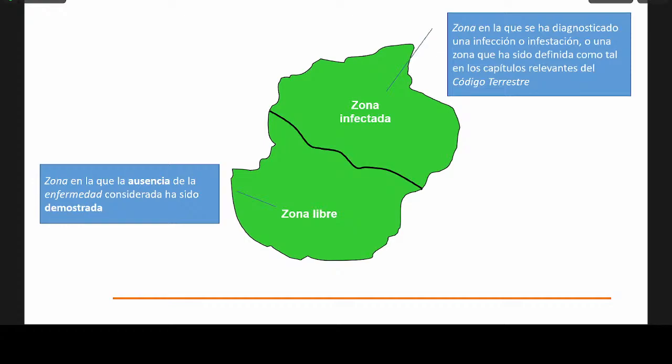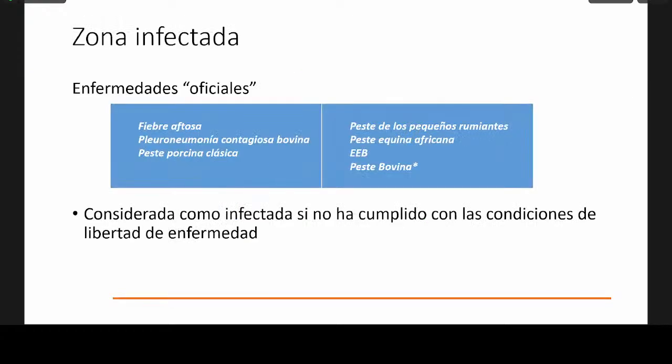And an infected zone is an area in which there's been a diagnosis of an outbreak as defined in the relevant chapters of the Terrestrial Code of WOA. The diseases for which an official recognition is given are foot and mouth disease, bovine pneumonia, classic swine fever, small ruminants disease, and African horse sickness.